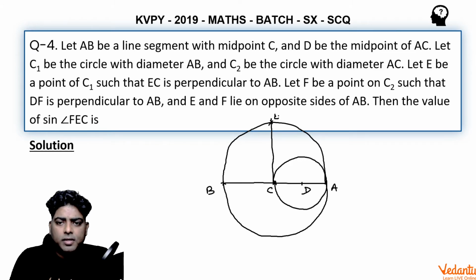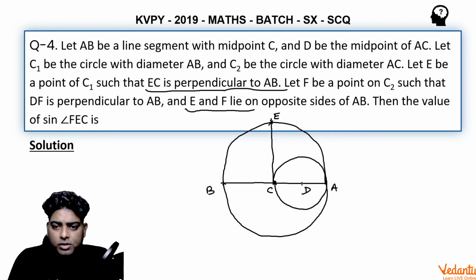So E is here. EC is perpendicular to AB. F is the point on C2, the smaller circle C2, such that DF is perpendicular to AB. And E and F are on the opposite sides of the line. So DF, F is here. Clear?